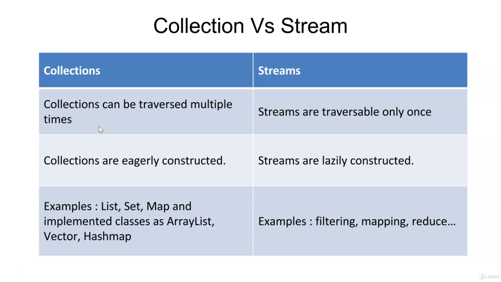Now let's look at the other differences. Collections can be traversed multiple times. Streams are traversable only once. Collections are eagerly constructed. Streams are lazily constructed. And what does this mean? Collections are eagerly constructed. It means that all the elements are computed at the beginning itself. And streams are lazily constructed. It means that intermediate operations are not evaluated until a terminal operation is invoked.